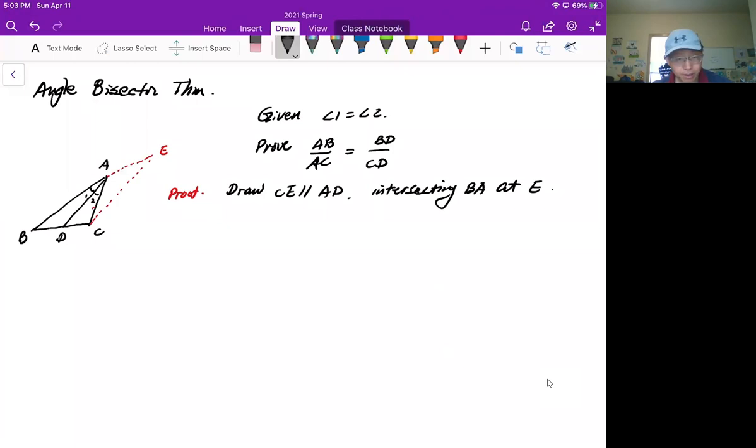Everything's good? Okay, so if that's the case, let me call this angle 3, and this is angle 4. I'm going to write down a few equations. The first one is angle 3 is equal to angle 1. Why are angle 3 and angle 1 congruent?